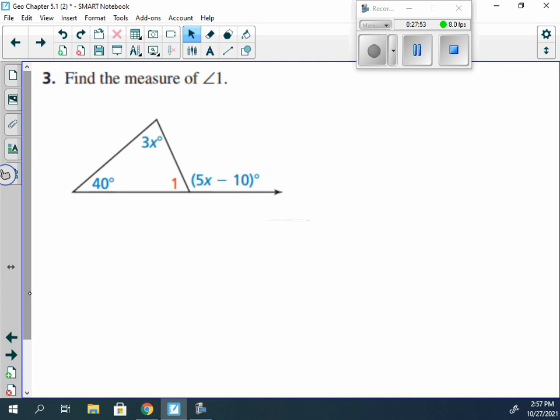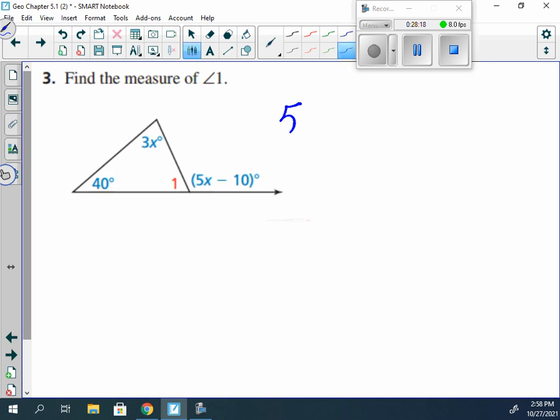But what we just saw was that the exterior angle is equal to the sum of the opposite two interior angles. Yes, sir? Okay, that line that goes out past the triangle, is that part of the triangle? It is, we extended one of the side lengths out to form an exterior angle. But we do know that the exterior angle is equal to the sum of the opposite two interior angles.